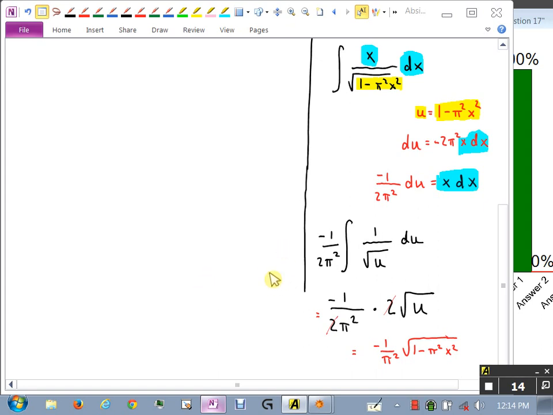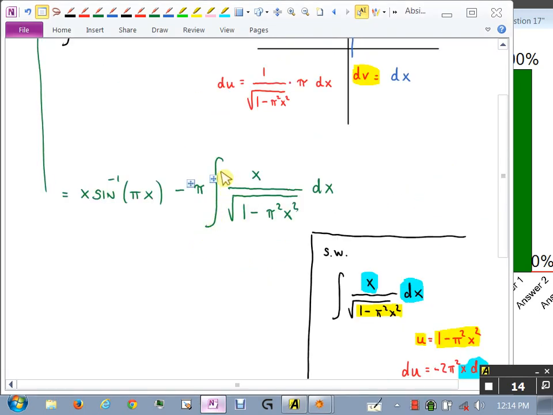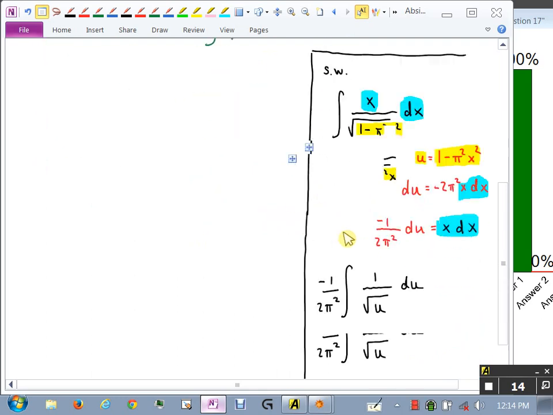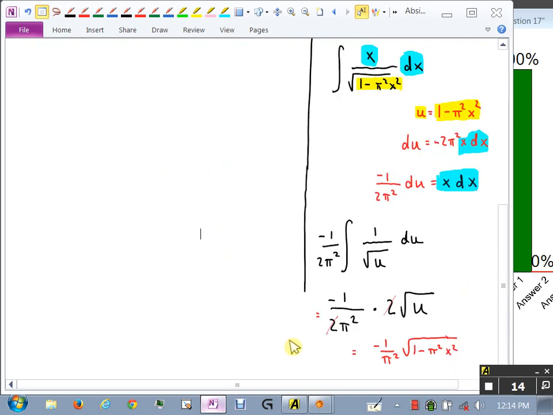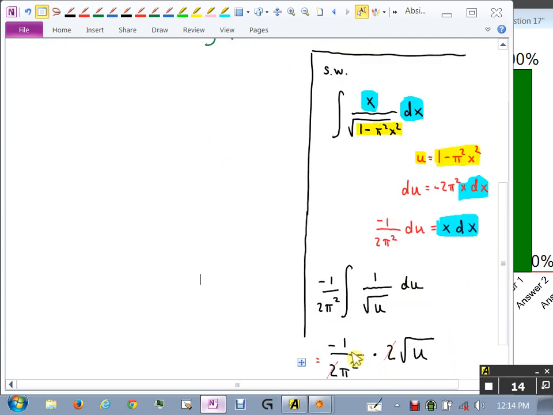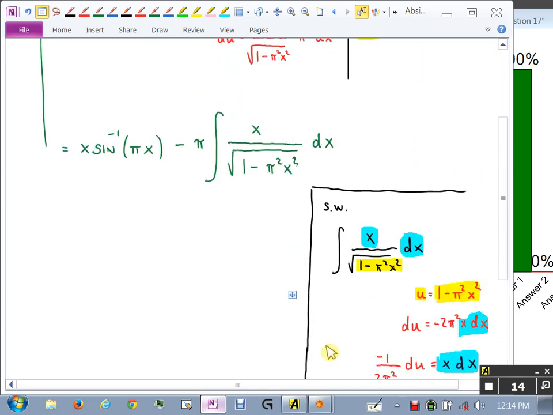Remember, this whole integral is being replaced with this answer, but what was in front of that integral? A minus pi, and one of those pi's is going to cancel with one of these pi's, and the negatives are going to make it positive. So I just leave my constant out there and let things clean up first.